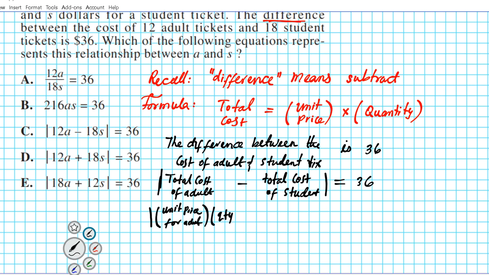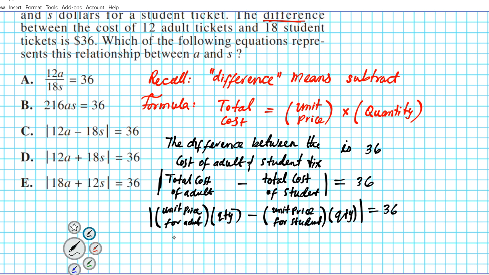That's the total cost of adult tickets. And for student tickets, the same: we multiply the unit price for student tickets by the quantity of student tickets that were bought, and that is equal to 36.